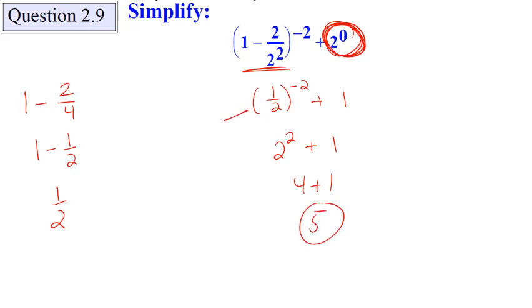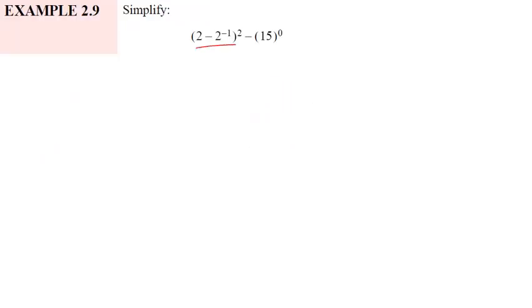This part might be confusing, so you might want to go back a little bit, but when you have a fraction to a negative exponent, you write the reciprocal of the fraction, so the reciprocal of 1 over 2 is 2 over 1. And then that becomes 2 squared. So instead of putting over 1, I just write it as 2. Okay, I'm going to do some side work here.